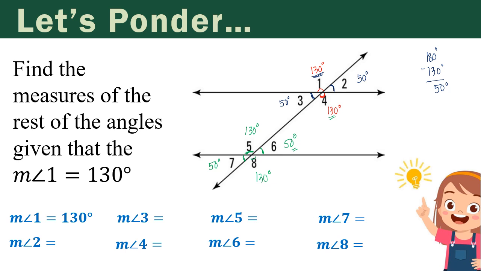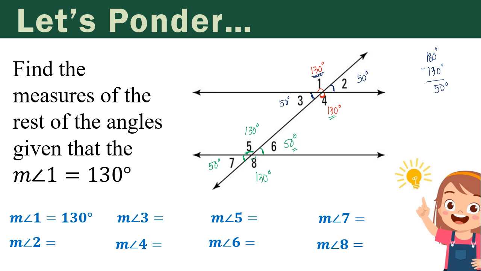The corresponding angle of angle 3 is angle 7. If angle 3 is 50 degrees, then angle 7 is also 50 degrees. Alright? So, all of the angle measures that we get here are interrelated with one another.